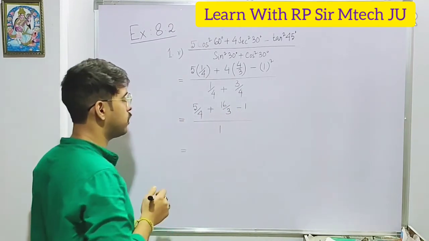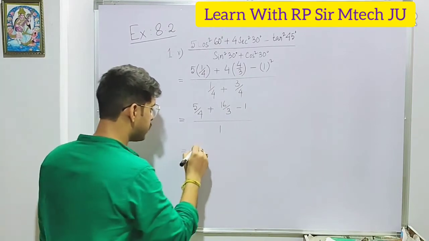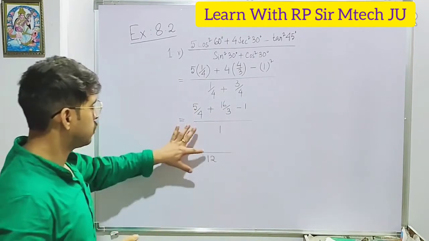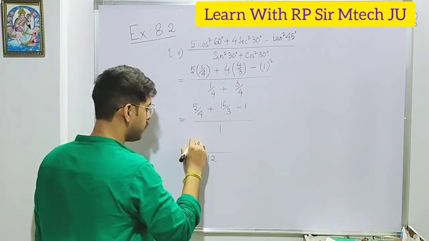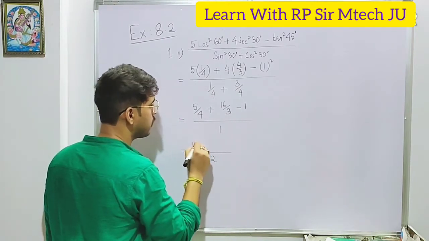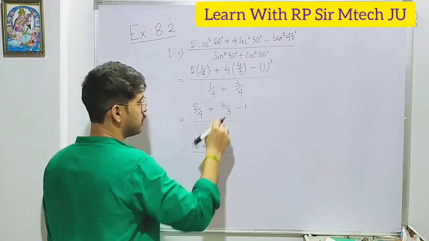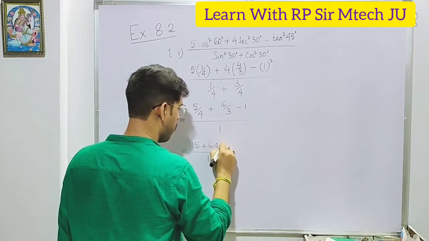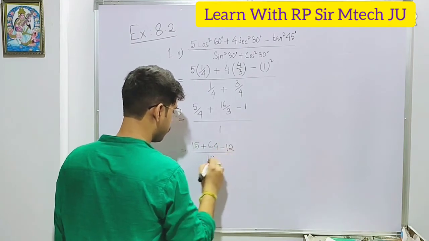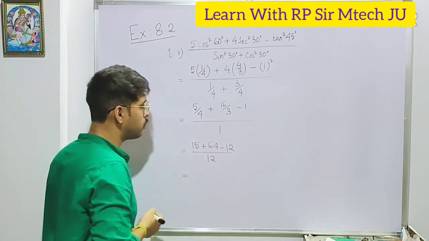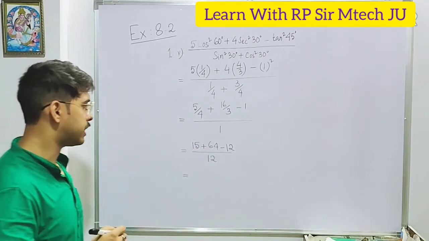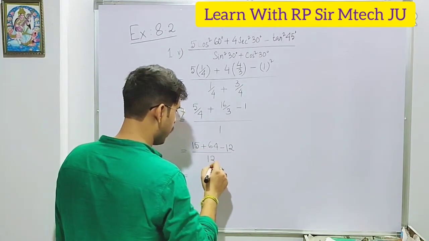So the final value, so the LCM will be 12. That will be 15 plus that will be 16 into 4, that is 64 minus 12. So the final value will be 64 plus 15, that is 79 minus 12.